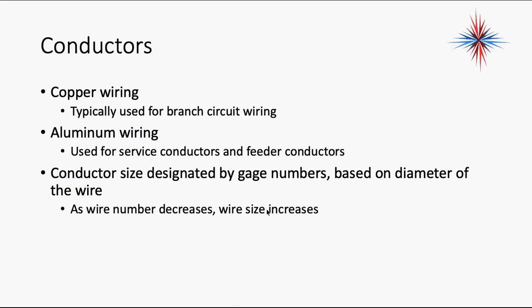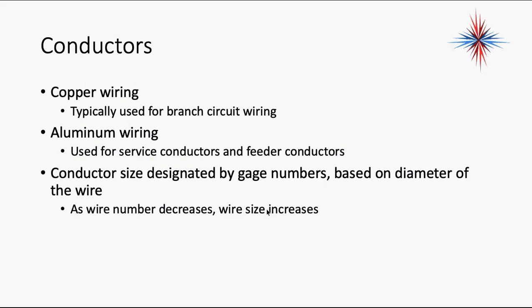As the wire number decreases, as the gauge decreases, the wire size increases. It's backwards. So a 10 gauge wire, or 10 AWG, is actually thicker than an 18 gauge wire. Just to give you an example you've seen, thermostat wiring is 18 gauge. Computer network wiring is 22 gauge.